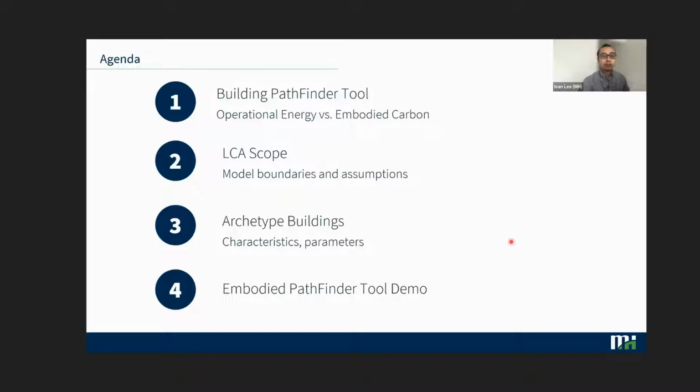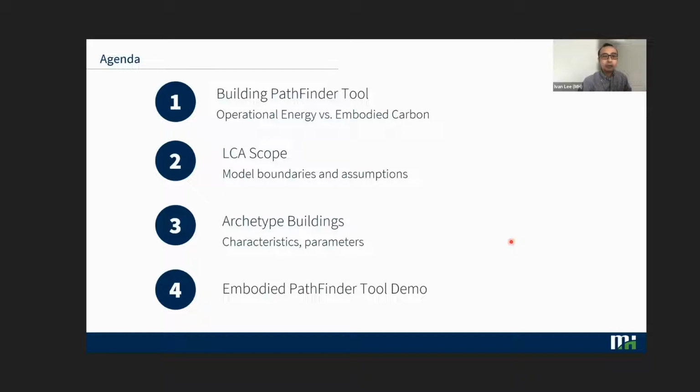So we'll start off with a brief background on what the Building PathFinder tool is. Some of you may or may not be familiar with it, but we'll describe how it is different than the operational tool that most people have seen.